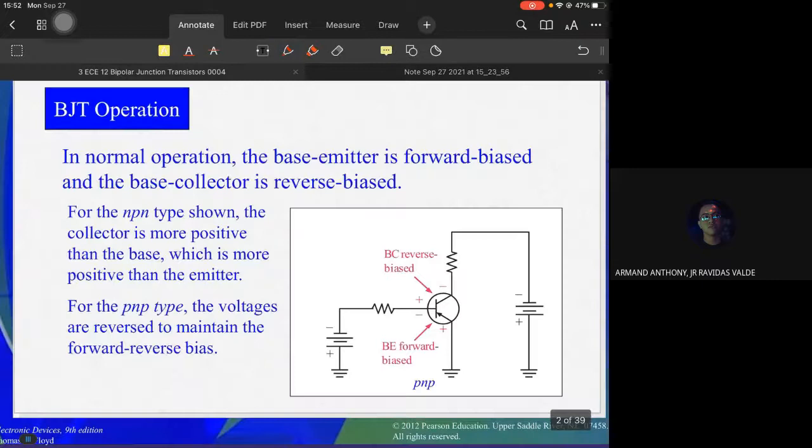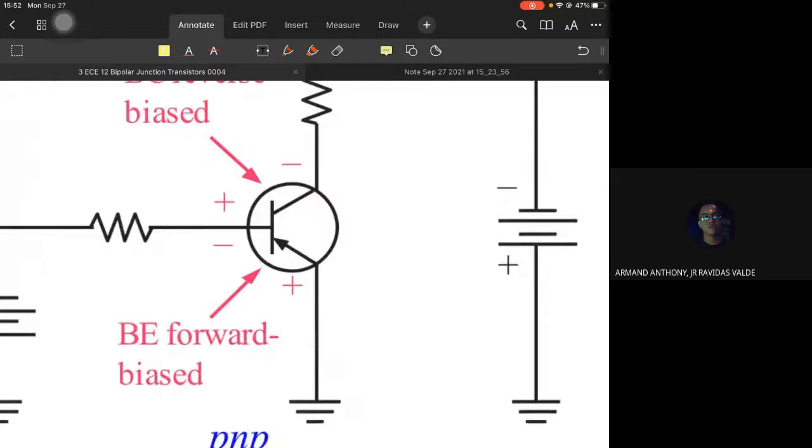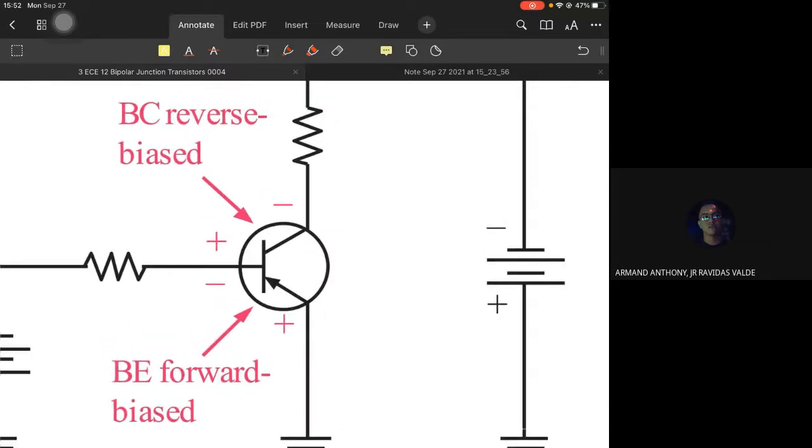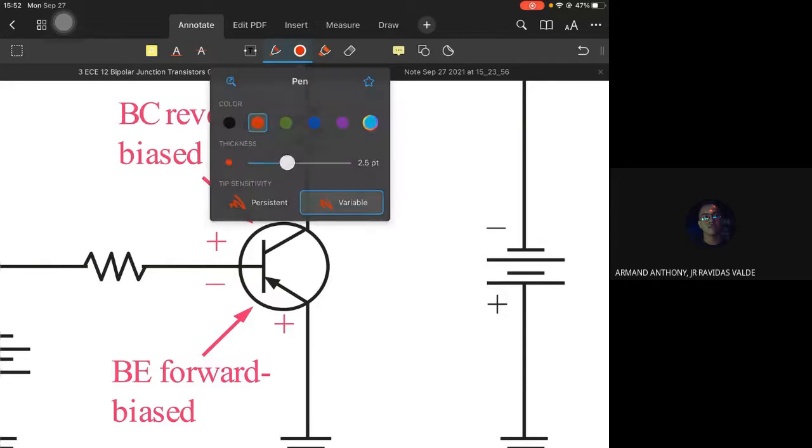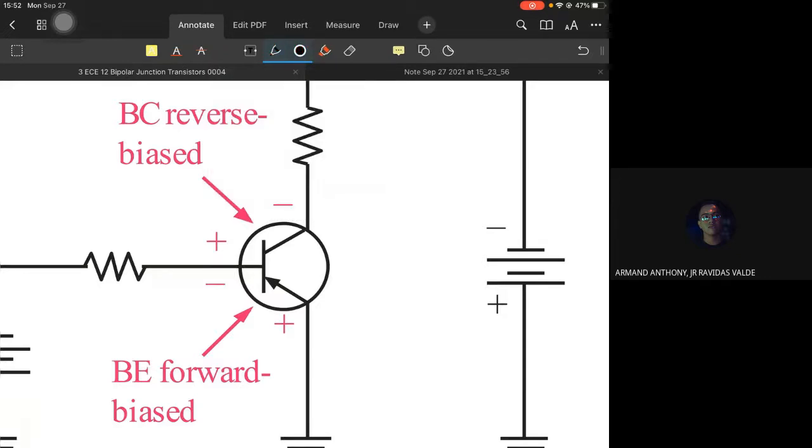So how can we use the transistor as such? So naay mga special nga rules. And here it is. In normal operation, the base emitter terminals should be forward biased and the base collector should be reverse biased. Again, PNP ang gigamit nga transistor.